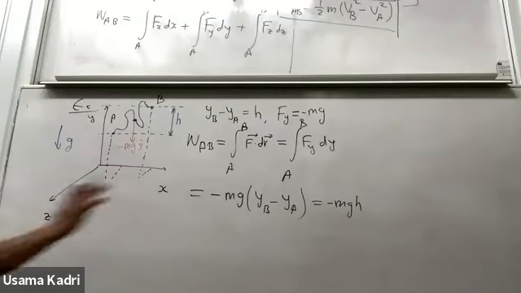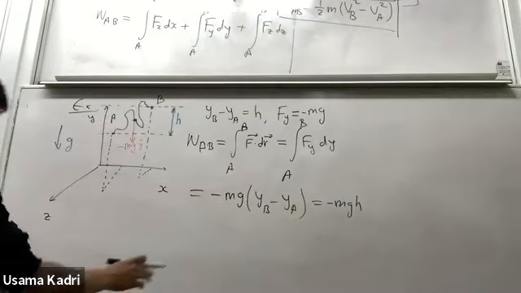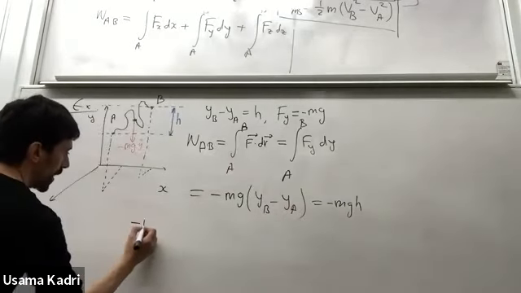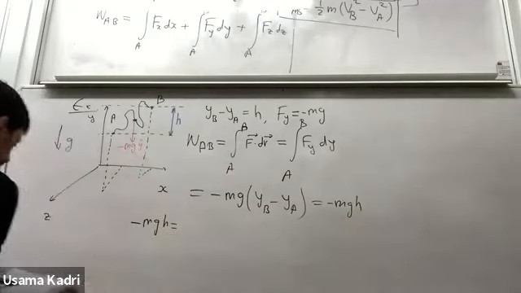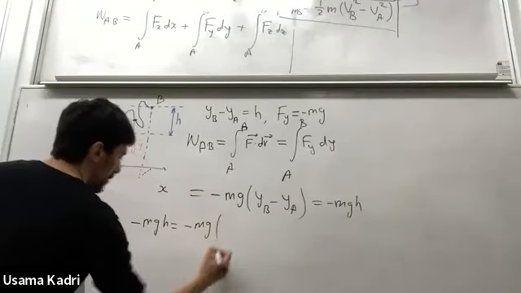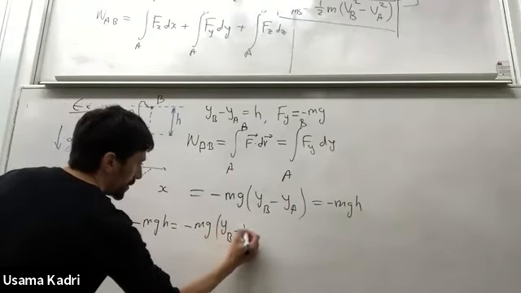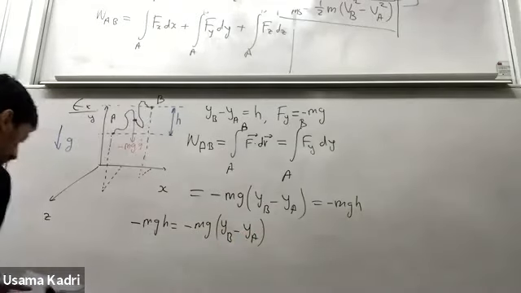Okay, so we still have just gravity here, so I can still use this. Minus mgh equals minus mg (yB minus yA), right? This is what I had here.